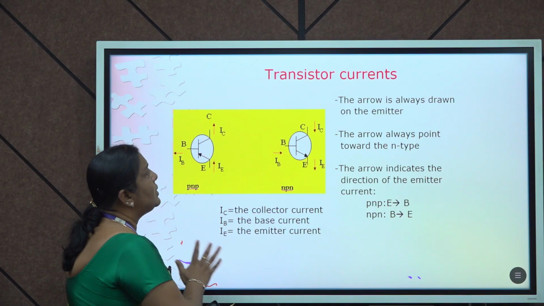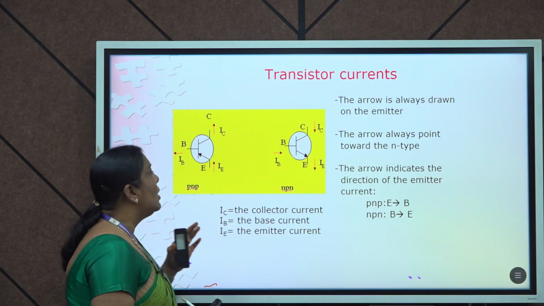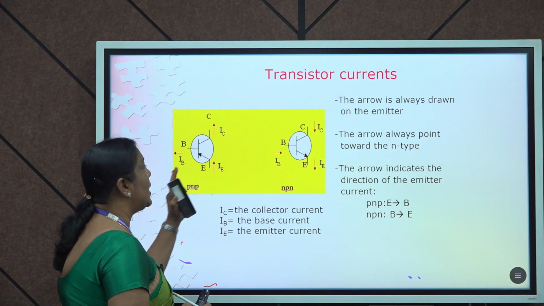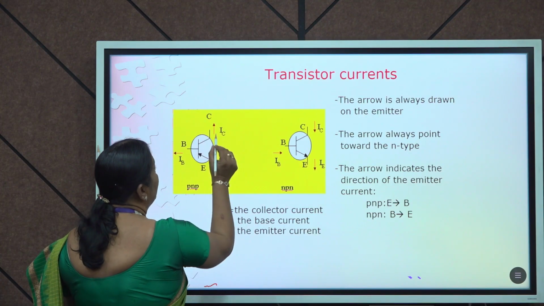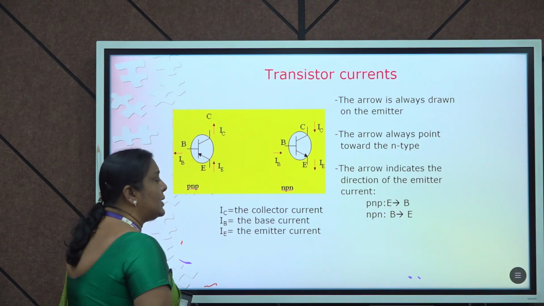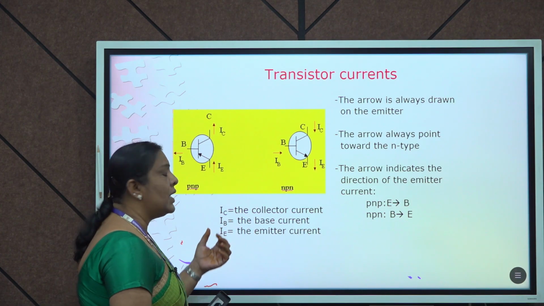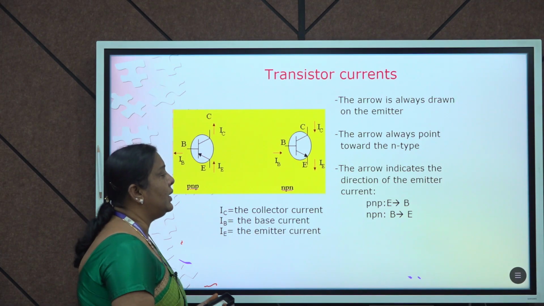And then this is the transistor current formation, how the current flows from here to there. Here you can see this is the emitter, this is the collector and this is the base. IC represents the collector current, IB the base current and IE the emitter current.